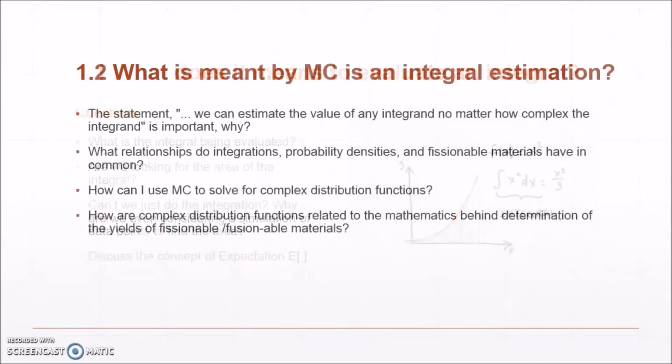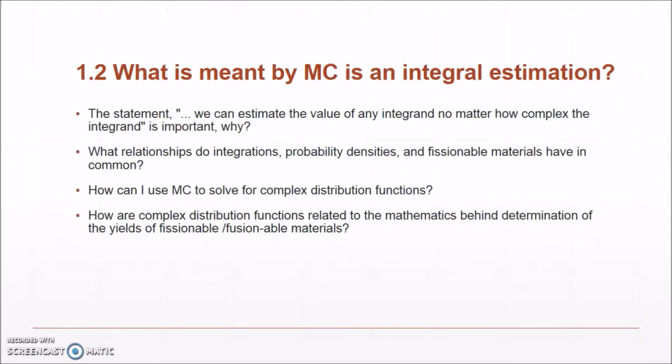Moving on, we look at what is meant by Monte Carlo as an integral estimation. We have this statement: we can estimate the value of any integrand no matter how complex the integrand is.